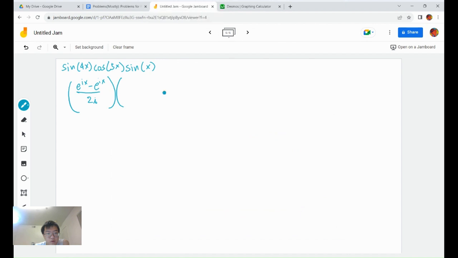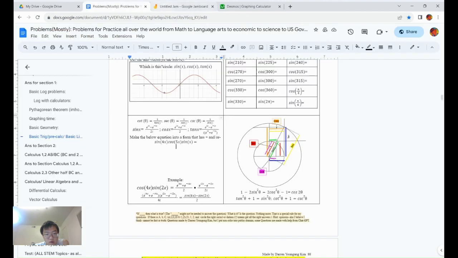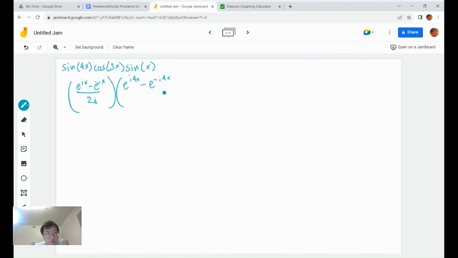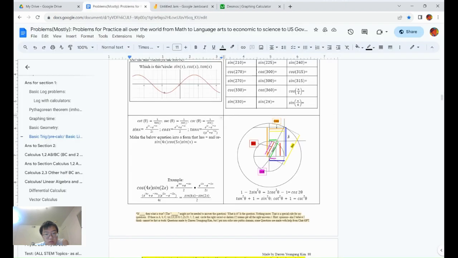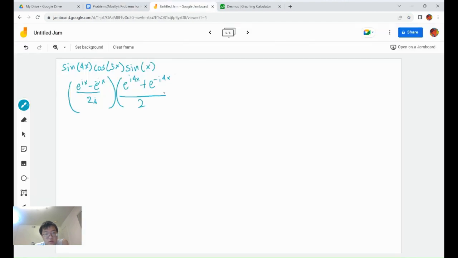Minus e^(-ix) for x. This is also supposed to be negative. And this is supposed to be positive because it is cosine. And then the last one would be, what's the last one?